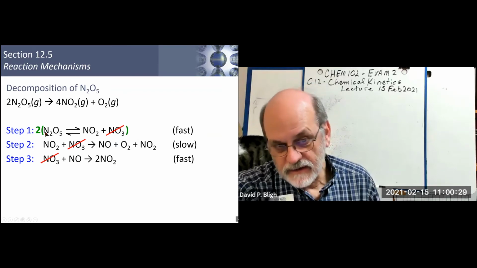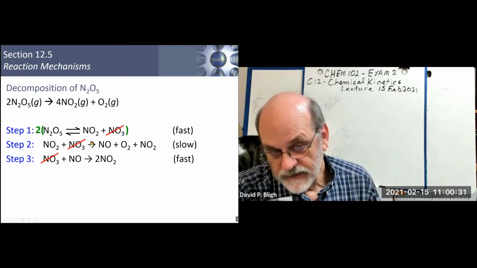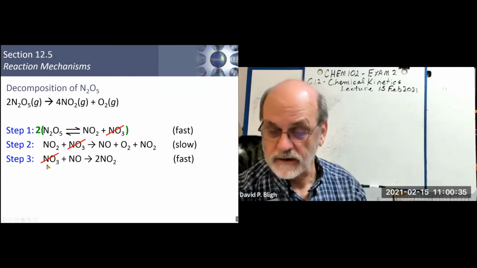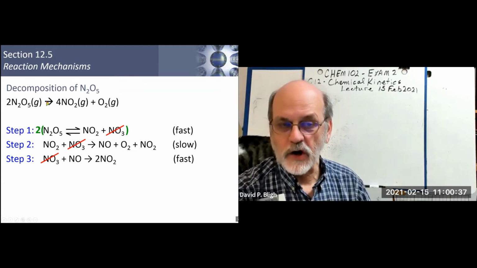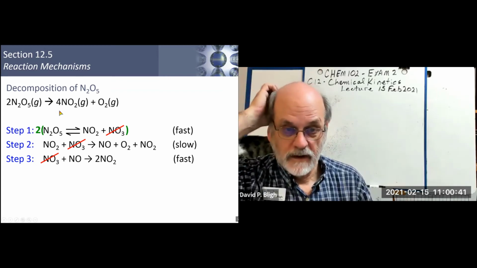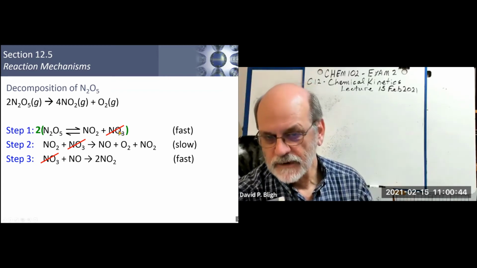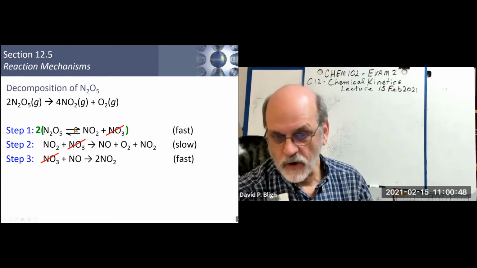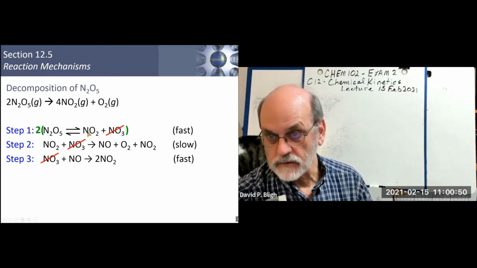And that means that now we have 2 of these that cancels that one and that one, NO3s. And that's good because NO3 occurs nowhere in the balanced equation. We've got to get rid of that one. So if we multiply by 2 here, then that gets rid of this one and that one because they're on opposite sides of arrows.